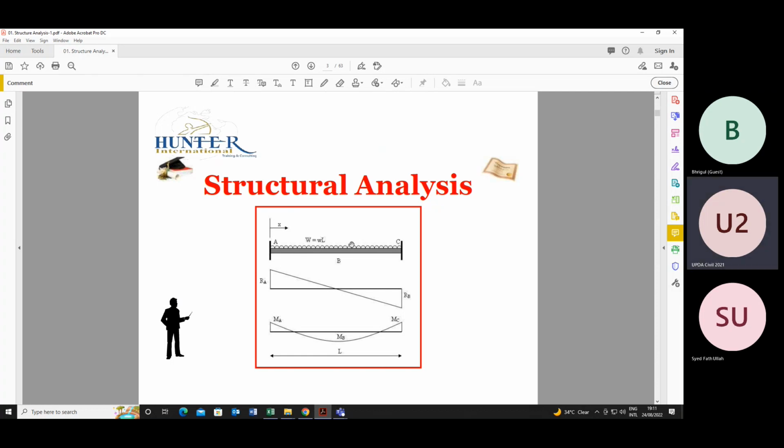A UDL load is acting on it. If you count the load acting on this member, the total load W is equal to w into L, where L is the length of the beam member. So just a diagram. We will discuss in detail in the coming slides.